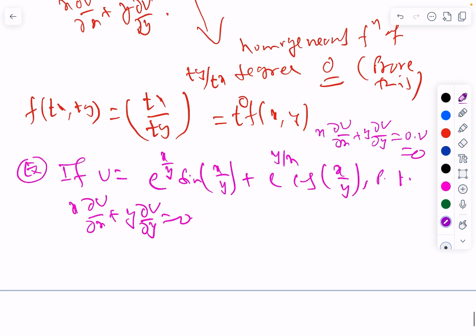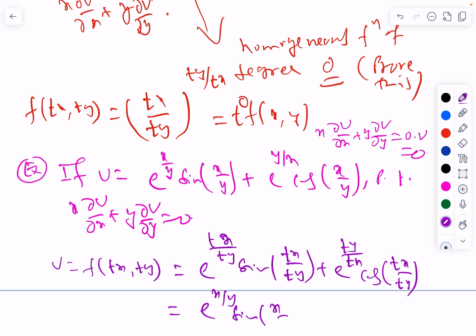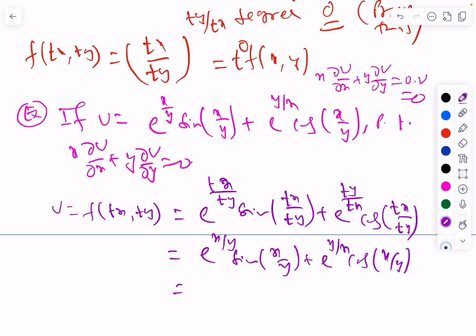So here also you can see that f of tx, ty is like e power tx by ty, then sine of tx by ty plus e power ty by tx cosine of tx by ty, and the t's cancel out. And so this is f of x, y, and so t power 0.